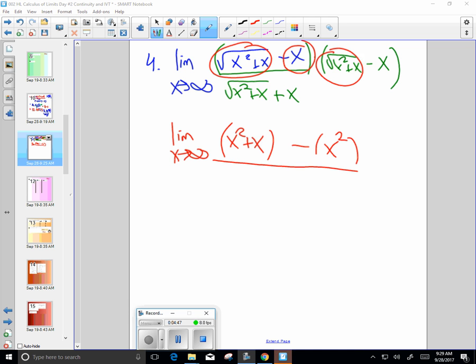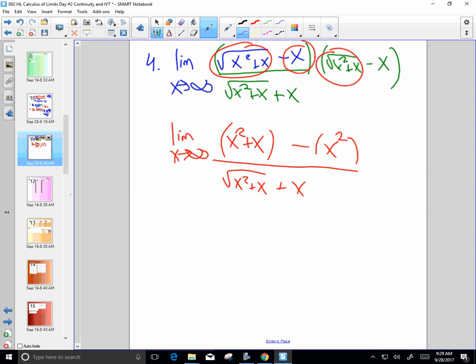All over square root of x squared plus x plus x. Now what? I like it.